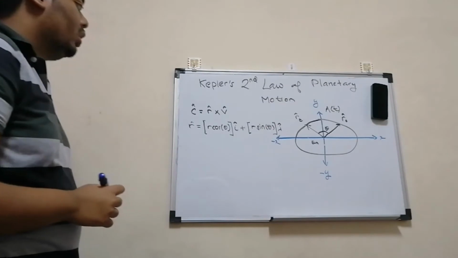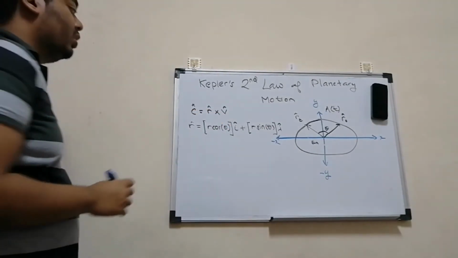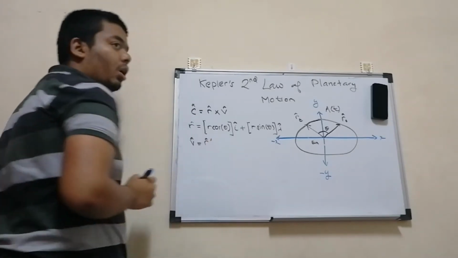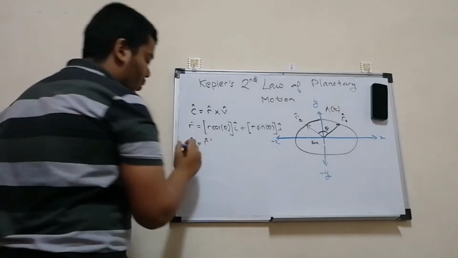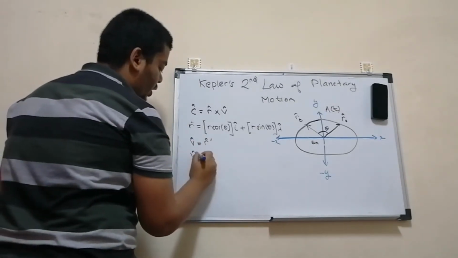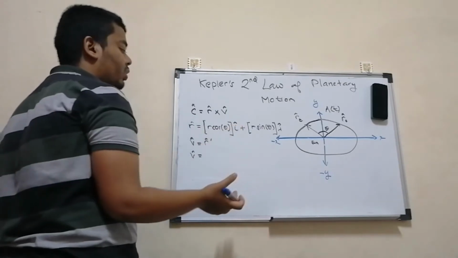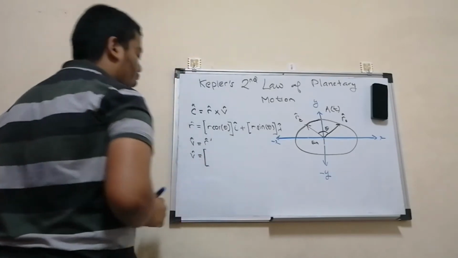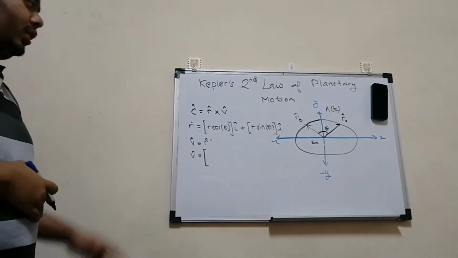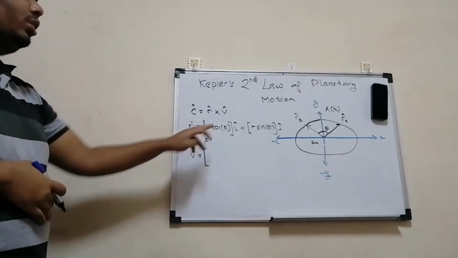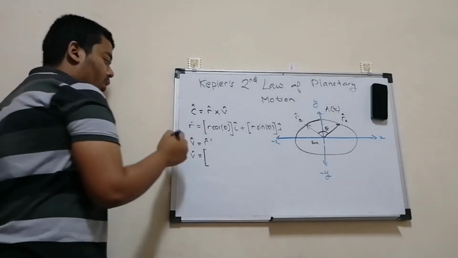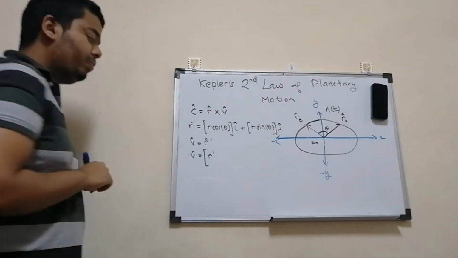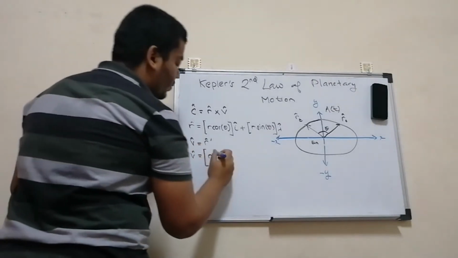Now we have to find the velocity vector. The velocity vector is given by r prime. To find the velocity vector, we'll differentiate each component. We'll differentiate the i component separately, and we'll differentiate the j component separately. So here we go. When we differentiate this part, we will use the product rule. The product rule says that we first differentiate one term, so we differentiate the magnitude of r, keeping the other term as it is.